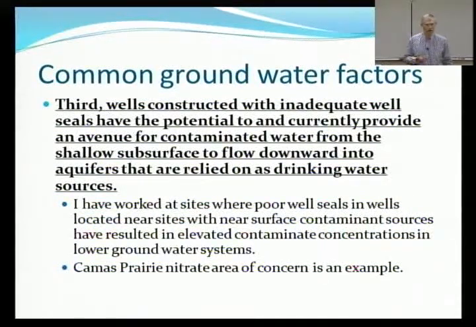I've worked on sites where this has been the case, and since I generally work on contamination sites from specific sources, in 2 cases I can think of, monitor wells that were drilled did not recognize the micro layering in the sediments and actually interconnected an upper aquifer with a lower aquifer by not installing the correct seal, which caused contamination of a lower aquifer. But this occurs also on broad scales in just privately constructed wells.